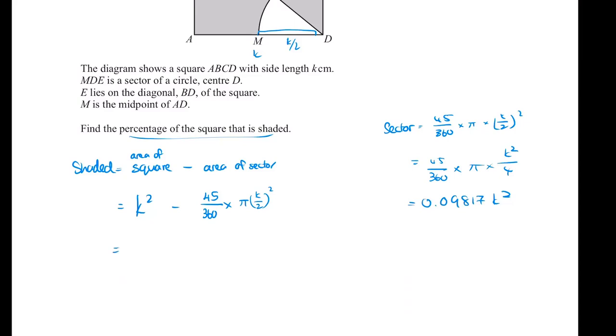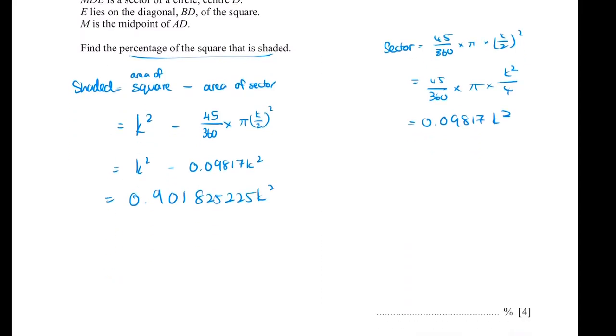So I need to take k squared, which is a value of 1, minus 0.09817 k squared, equals 1 minus 0.09817, which is 0.901825225 k squared. So I can already find the percentage here because it's a decimal. What I can do here is take the shaded region over total.